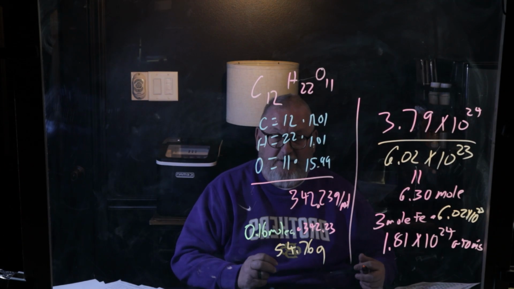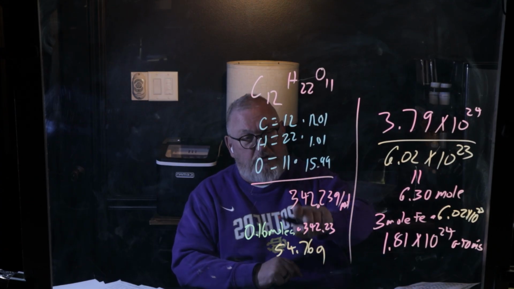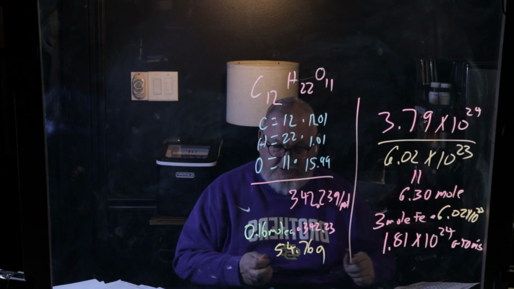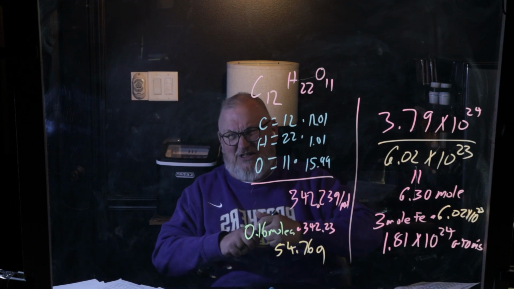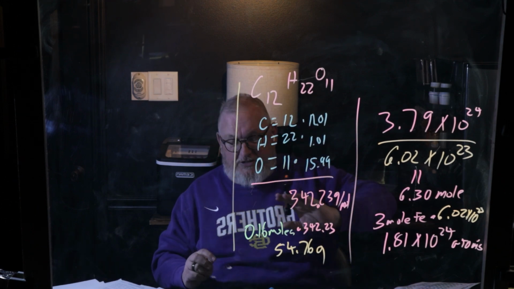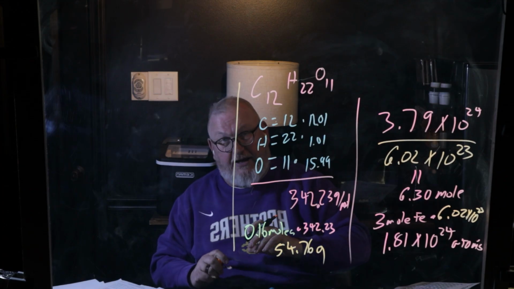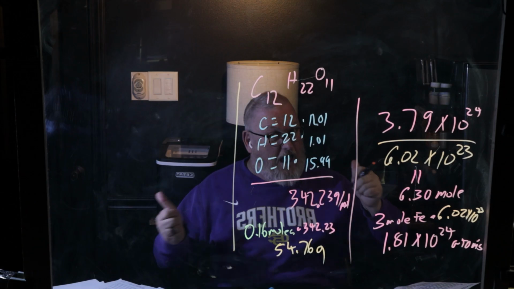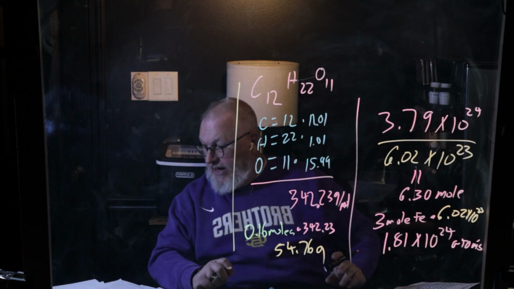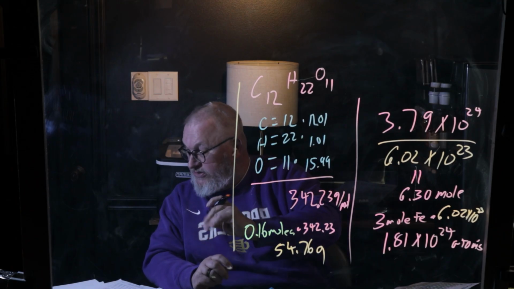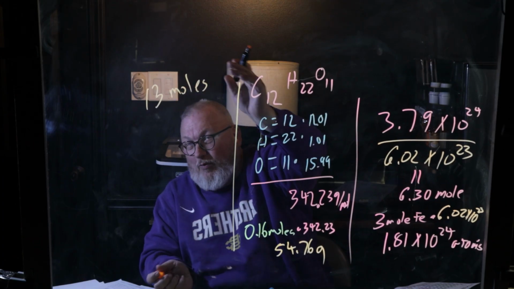Now, to find moles, if I have 54.76 grams, I divide by the molar mass of sucrose. I really like to do volume because it's so easy. If I have 13 moles of acetylene at standard temperature and pressure, it doesn't matter what the gas is.